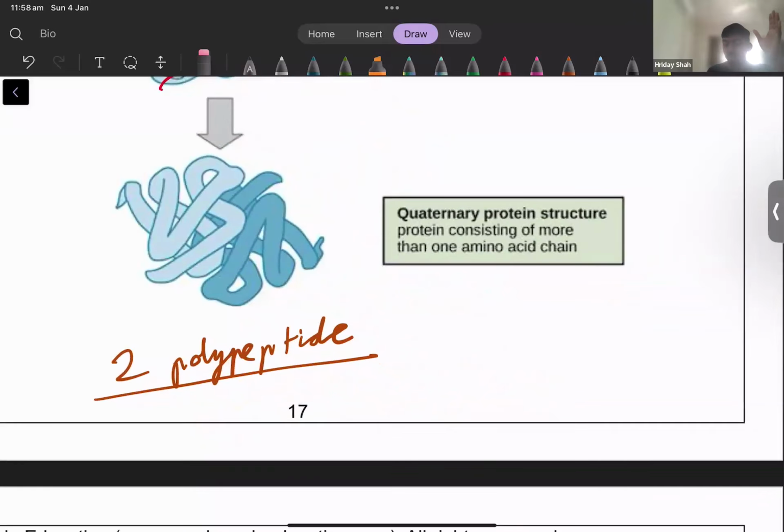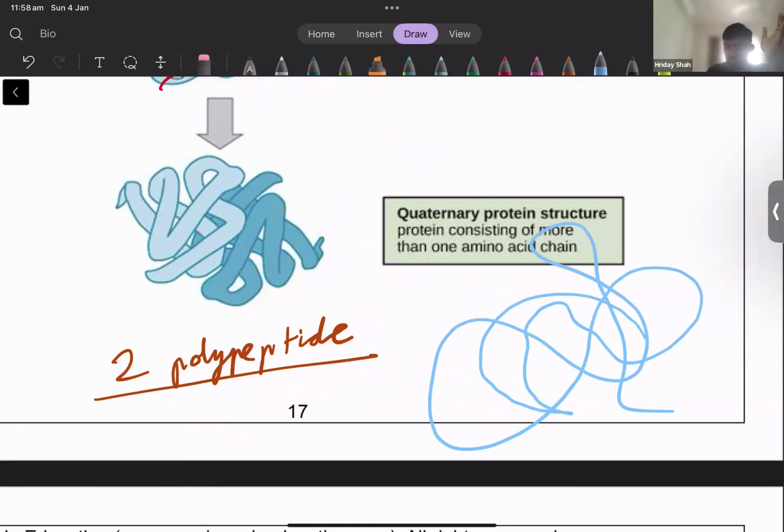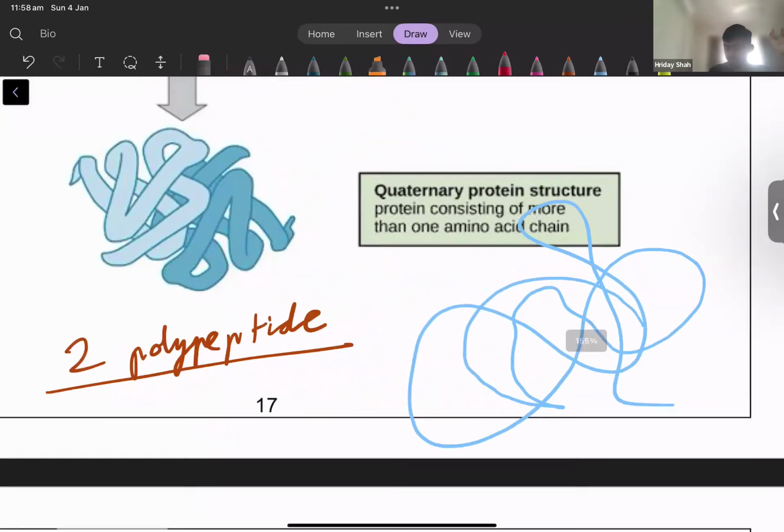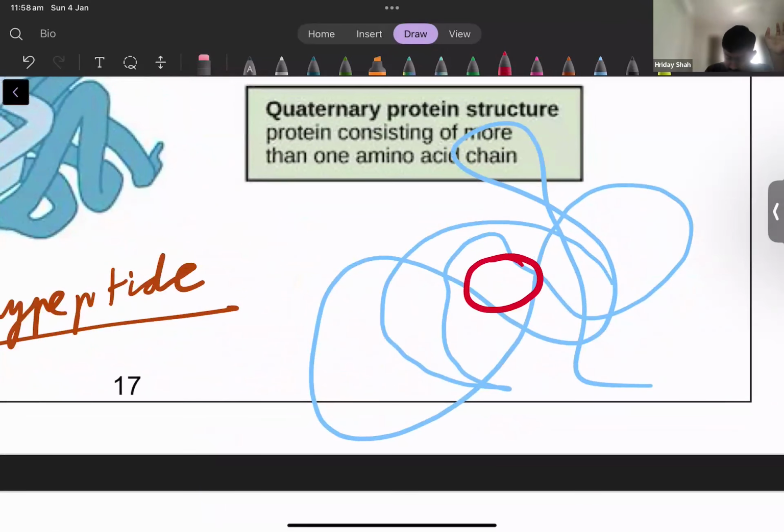Now, if you are dealing with prosthetic groups, you still have one polypeptide chain. Let's say that's in blue. Now, a prosthetic group, let's draw that in red, is usually going to be kind of small and at the center of the protein-ish. And it might be containing another biomacromolecule.